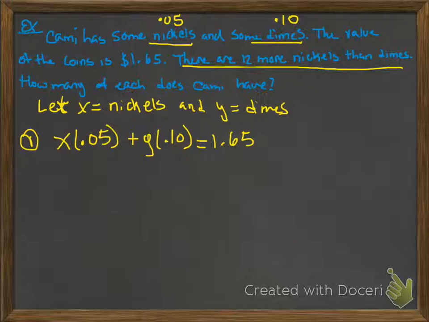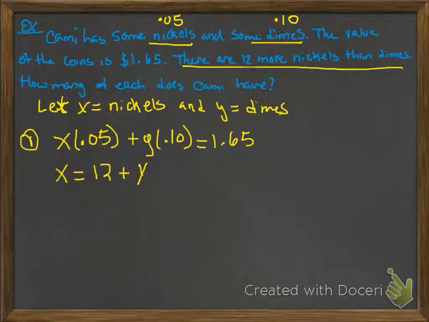So the way that I'm going to do this is x is equal to 12 plus y. So the number of dimes plus 12 is equal to y.